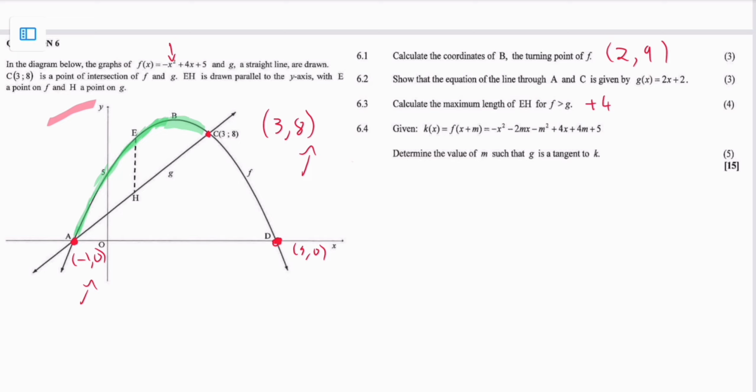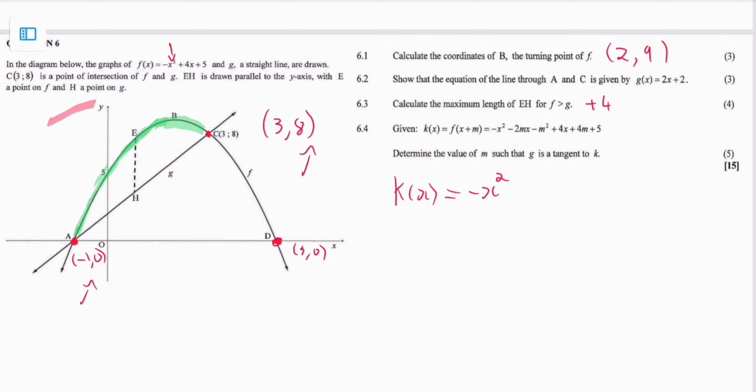How are we going to solve this question? Let's call f of x plus m something else. Oh, they've already called it k of x, so it's already there. I'm not going to rewrite it. But let's just group like terms. So negative x squared.